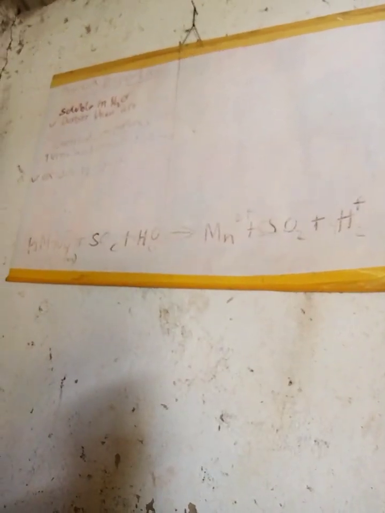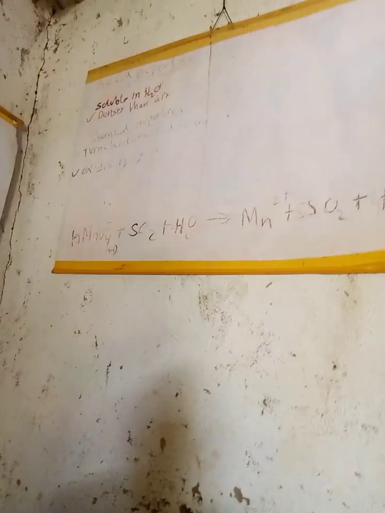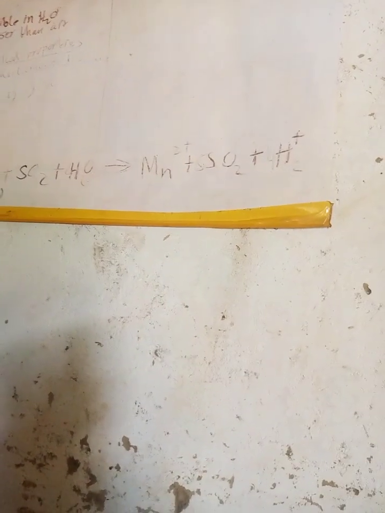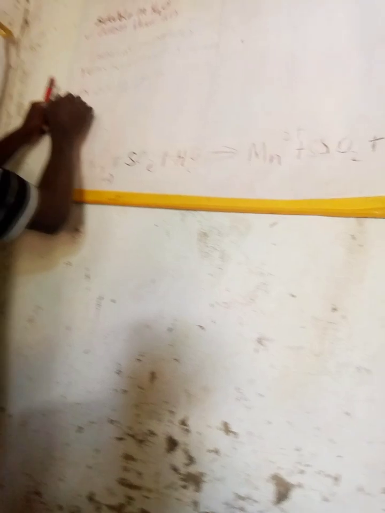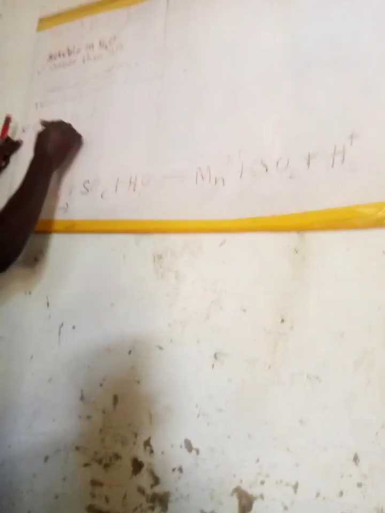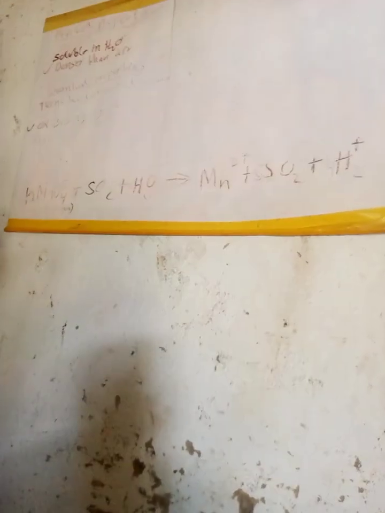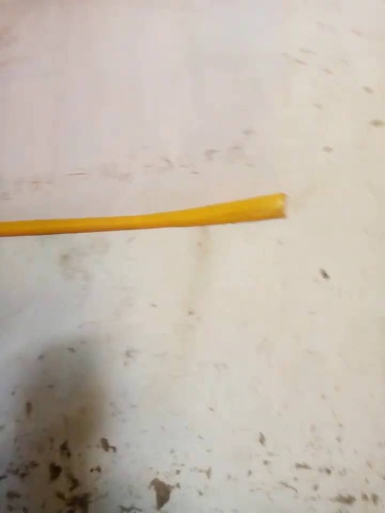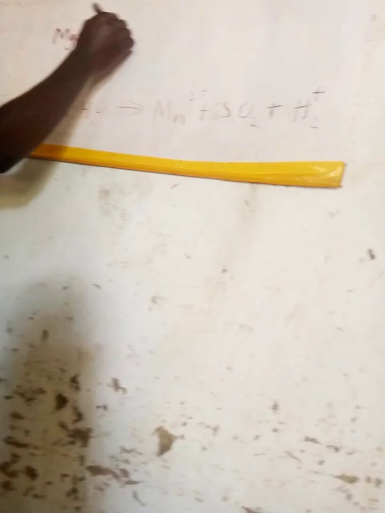Let me look at an equation that verifies this oxidizing property. When you take magnesium, this is a sample equation: magnesium plus sulfur oxide gives magnesium oxide plus sulfur.